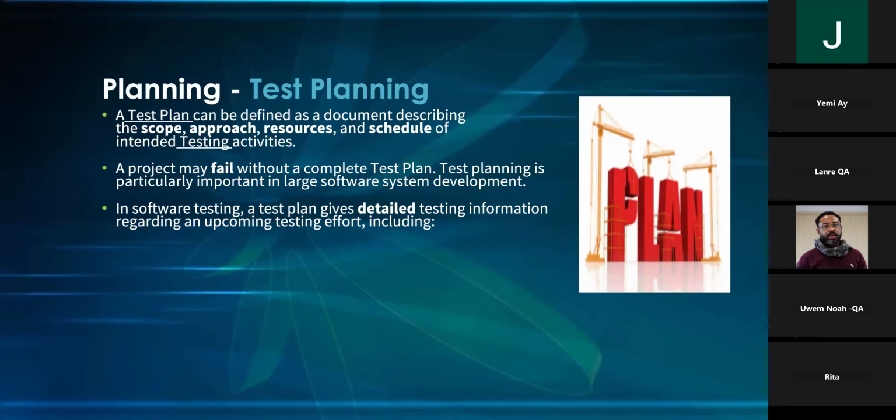So this is what we want to do. These are what are in scope. This is what is out of scope. In scope, we test all these features, all the user stories we've been given. These are what we are going to test.